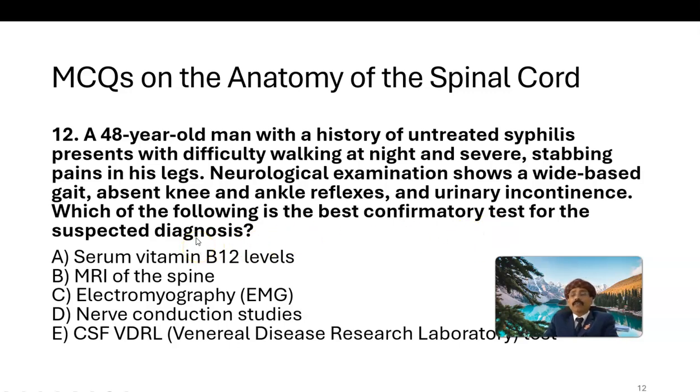This person has tertiary syphilis, the tabes dorsalis type, and the best confirmatory test is the CSF VDRL test. VDRL stands for Venereal Disease Research Laboratory. So this test will be more specific for this person.